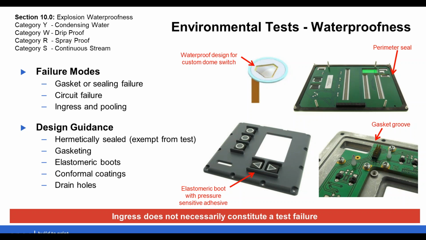But generally speaking, it involves some type of gasketing, elastomeric boots, different coatings and processes we can do to live components to make sure that they're not adversely impacted by waterproofness. We touched on it earlier in the webinar. Ingress into your unit does not necessarily constitute a failure. That's a big key.